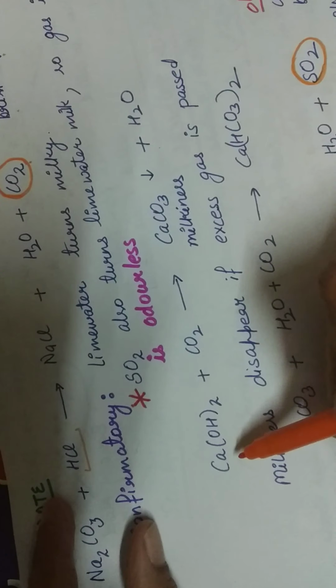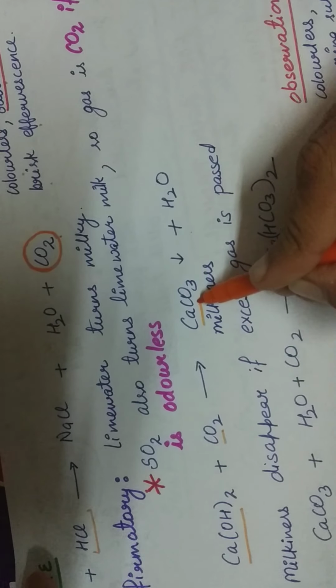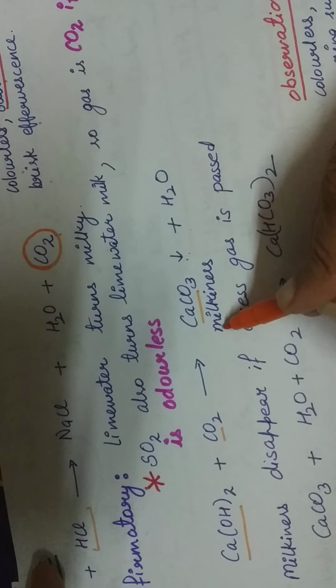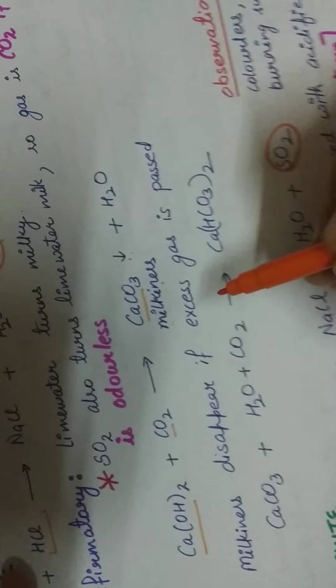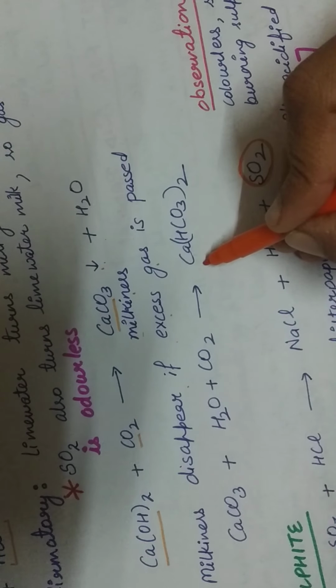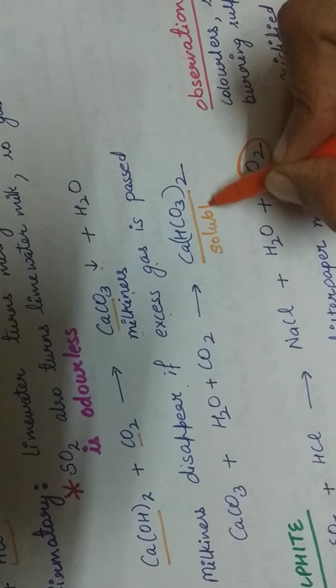Lime water is slaked lime, a colorless solution. When carbon dioxide is passed, calcium carbonate is formed, which is insoluble in water. So white precipitate is formed, that is, milkiness appears. And the milkiness disappears if excess gas is passed, because bicarbonate is formed, which is soluble.